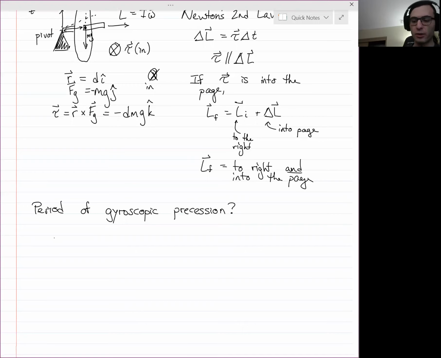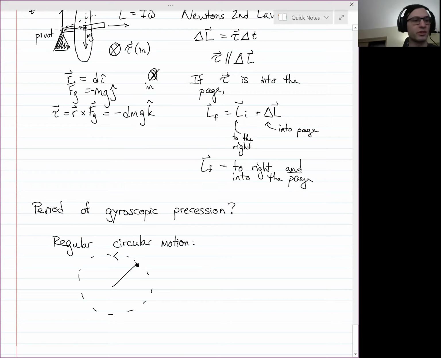So for regular circular motion, we can find the period relatively easily. Here, let's say that we have an object going around in a circle at some speed from the center.